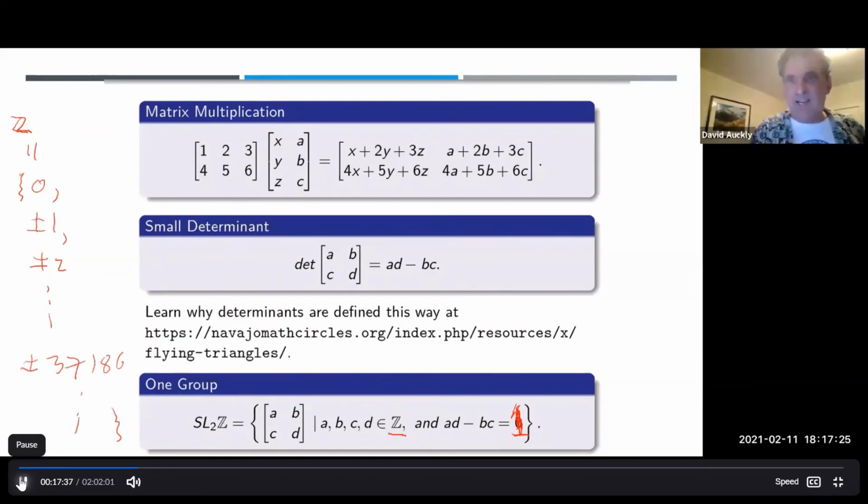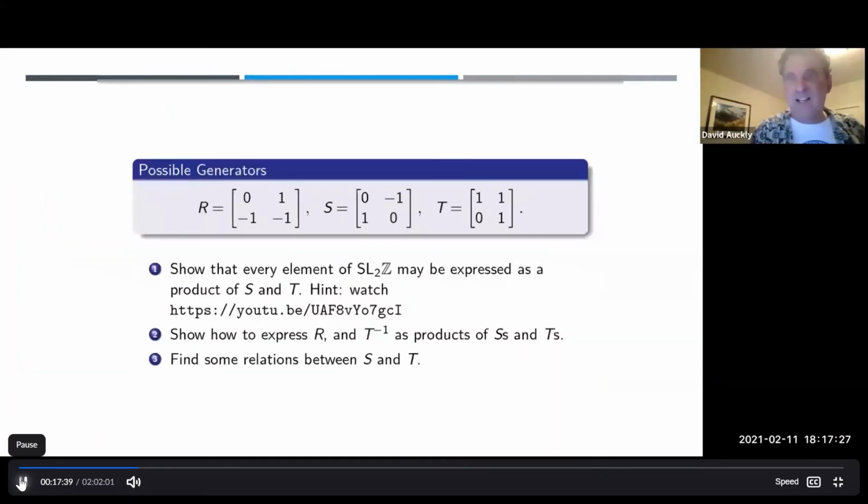And so with that said, let me tell you some interesting elements here. There's this matrix R, this matrix S, and this matrix T. And there are some analogous questions, like can you get any 2 by 2 matrix expressed as a product of S's and T's? You should think about it on your own.